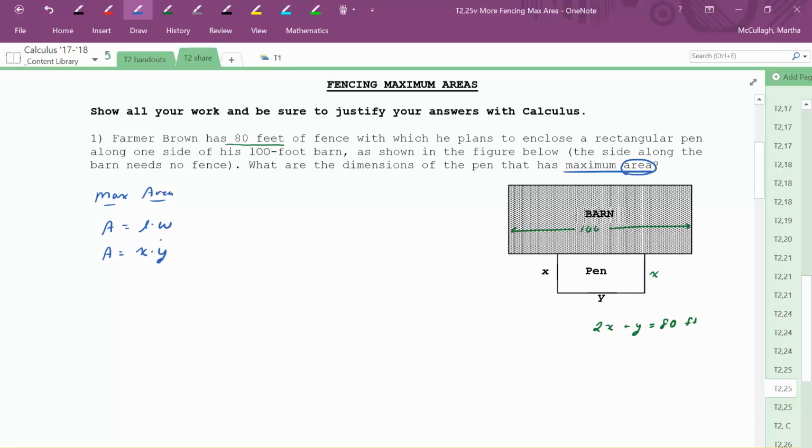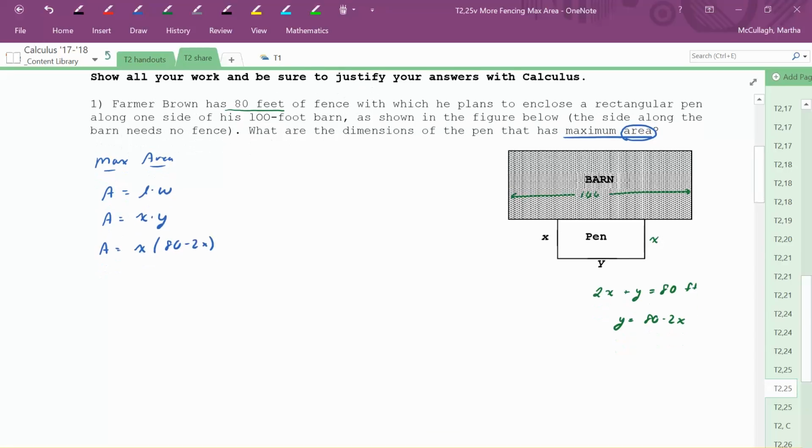But still, too many variables, so I'm going to come back over to my perimeter equation and say, all right, I can see that y is equal to 80 minus 2x. So we'll substitute over here that A equals x times 80 minus 2x.